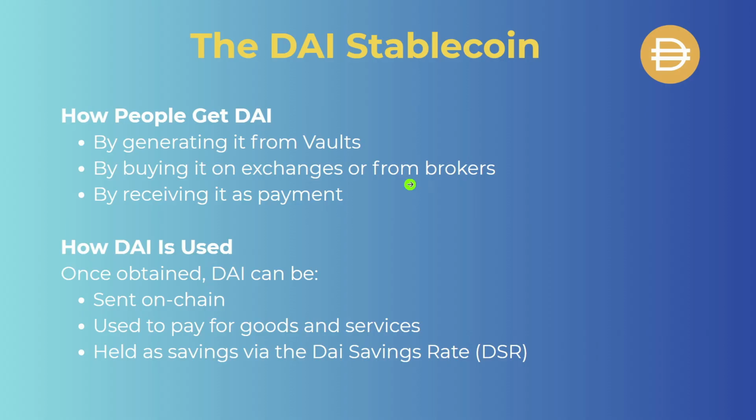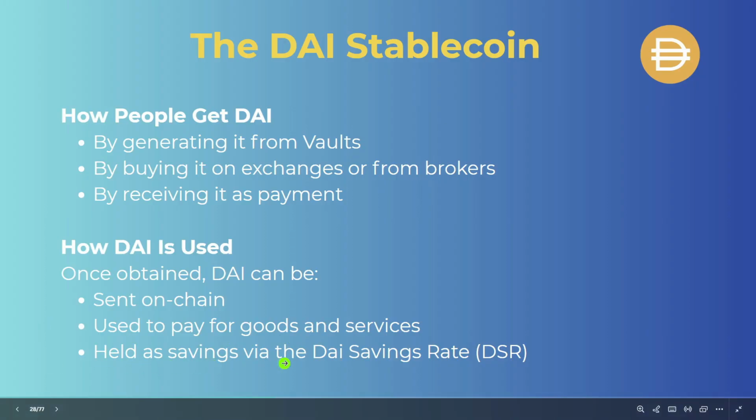If there are already minted DAIs, we can buy them on any exchange or Uniswap or whatever. We can receive it as a payment. And so once DAI is obtained, we can send it on chain, we can use it to pay for goods and services, and we can hold it as savings by locking the DAI into the DAI protocol by using the DAI Savings Rate.